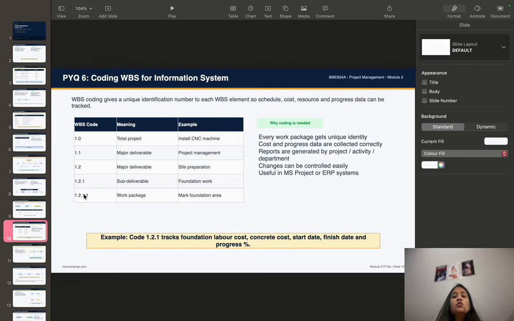It is also going to be useful in project management software like MS Project or an ERP system. For example, let's say code 1.2.1 can track the foundation labor cost, concrete cost, start date, finish date, and progress percentage.